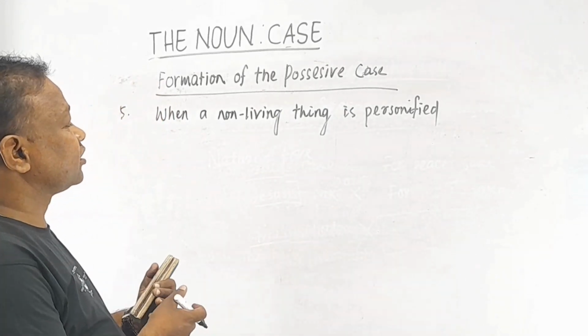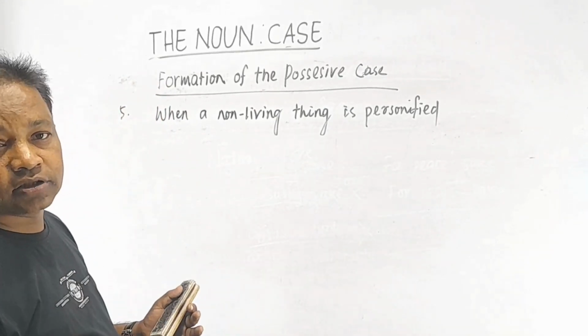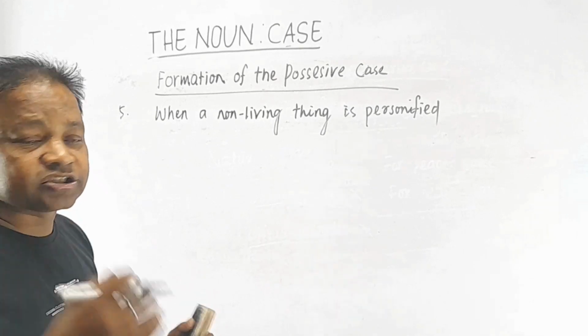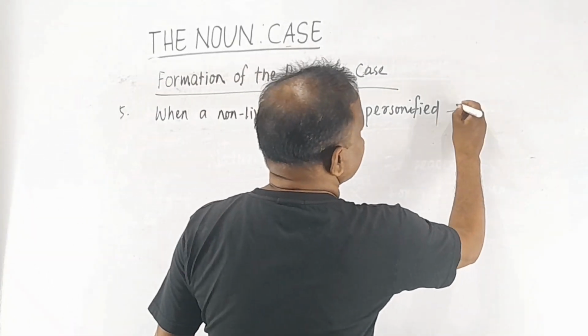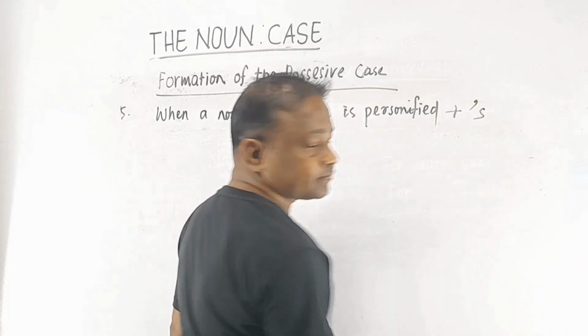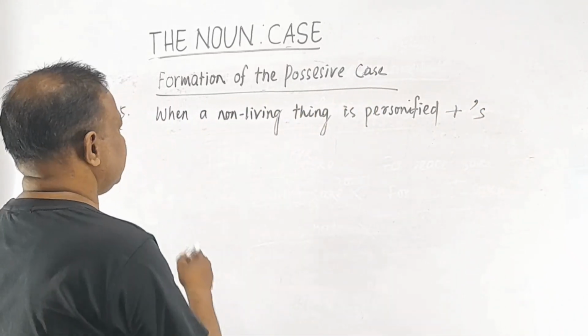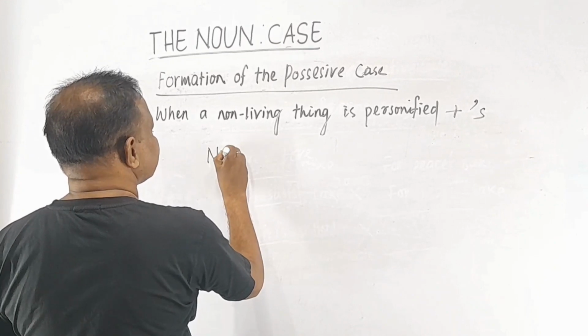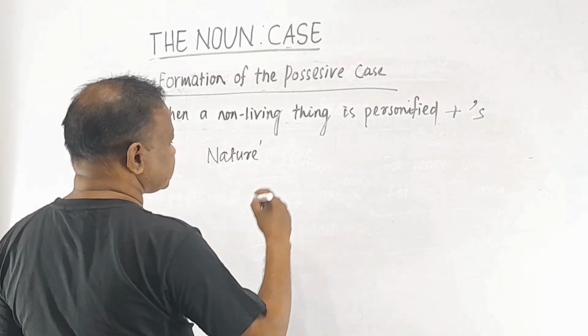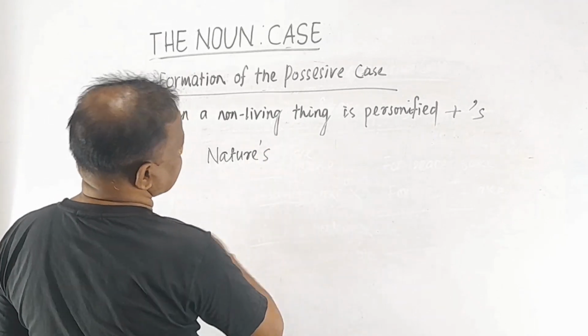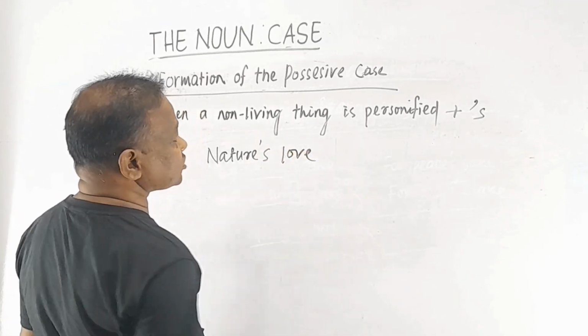When you compare the non-living thing with a living thing, or the non-living thing is personified, in that case we can add apostrophe s. Okay. For example, nature. This one is what? Non-living. When you want to write nature's law.